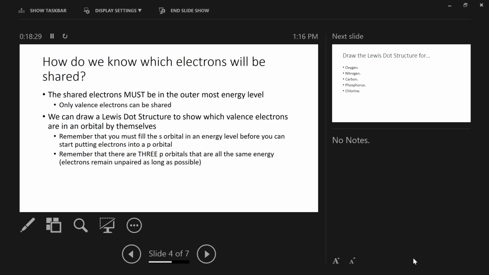You saw it on your exam, I think. Okay, remember that there are 3 p orbitals that are all the same energy and that electrons remain unpaired as long as possible. Sound good?